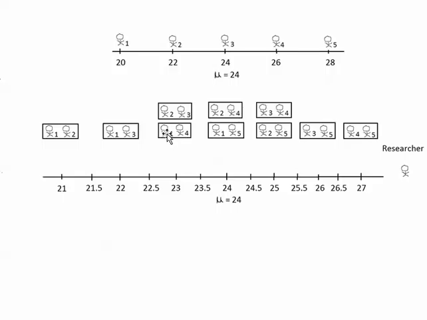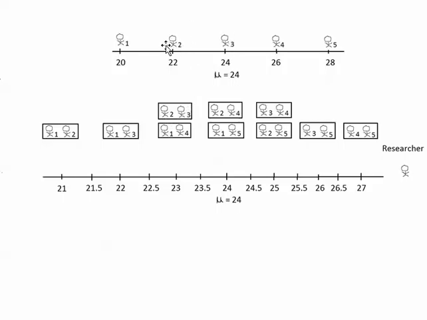Now let's look at these 2 possible samples right here. Person 1 and person 4, their ages are 20 and 26, so they have a mean of 23. If you add 20 and 26 and divide by 2, you get 23. But person 2 and person 3, their ages are 22 and 24.